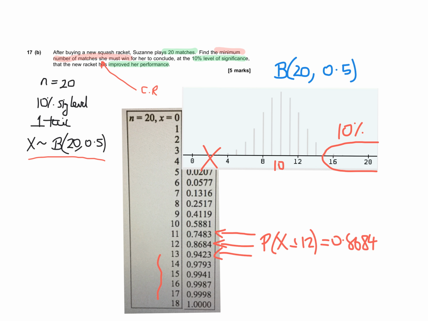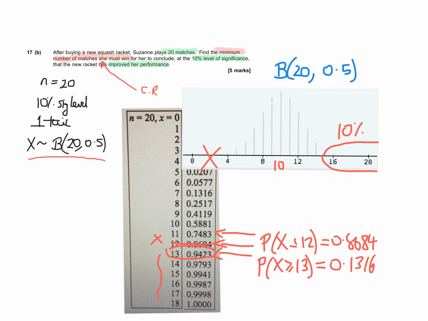And if we think about the complementary probability, the opposite as it were, the probability that x is greater than or equal to 13 is 1 minus that number above, so that will be 0.1316. And that's too big. That's too big for our significance level. So 12 is not the right line in the table to look at. So we'll move down and we'll check out the 13 line.